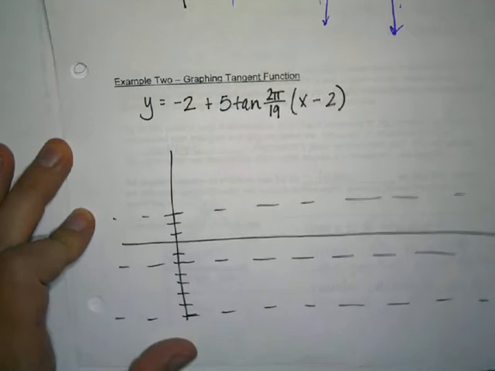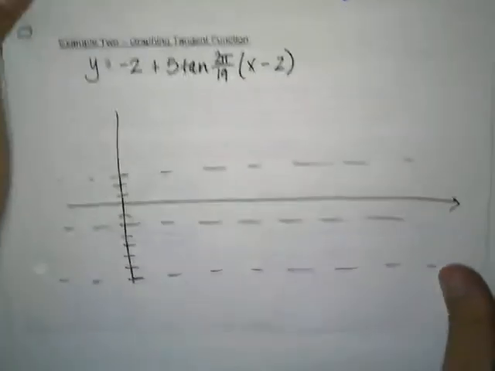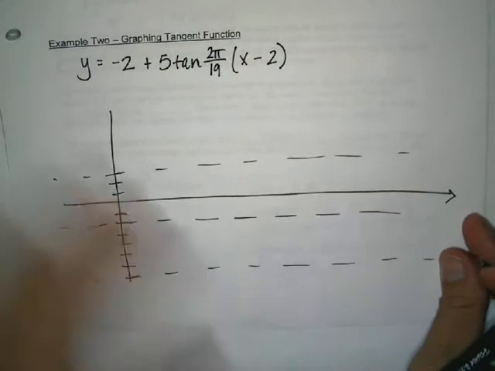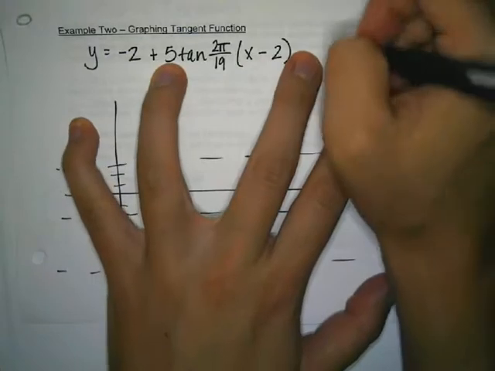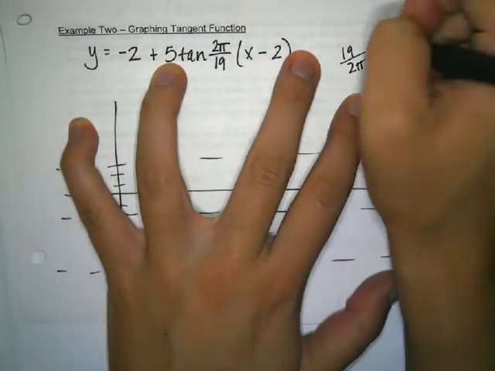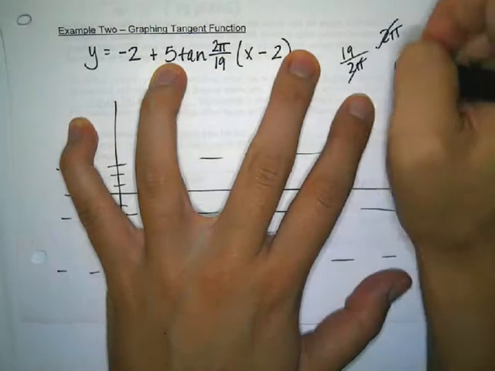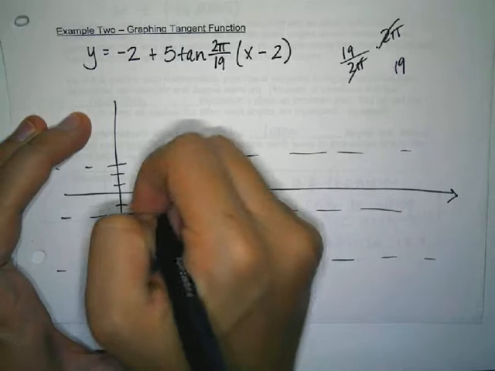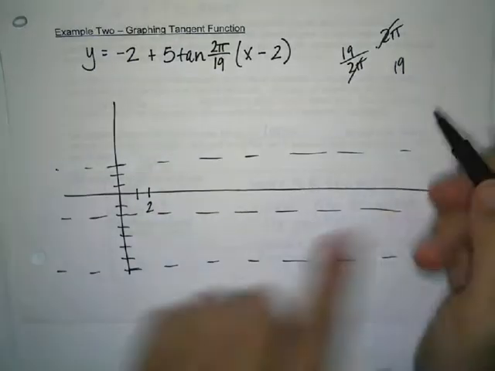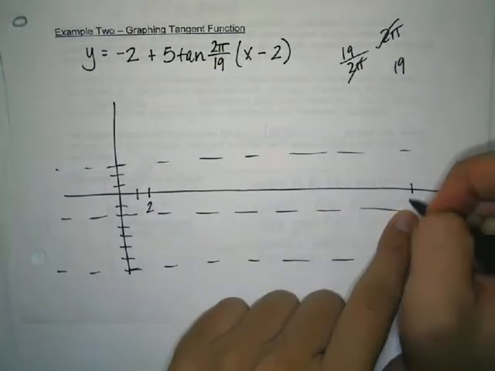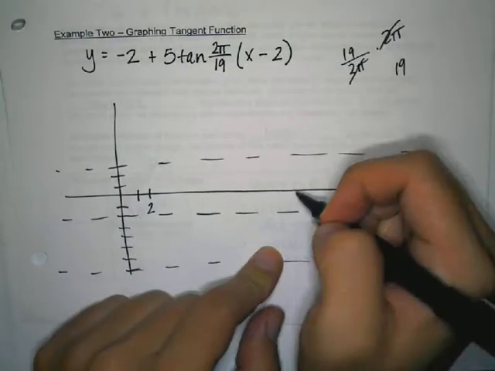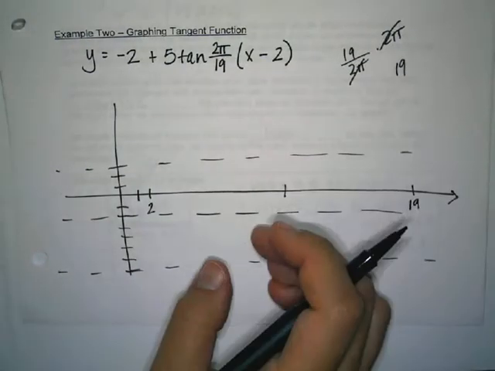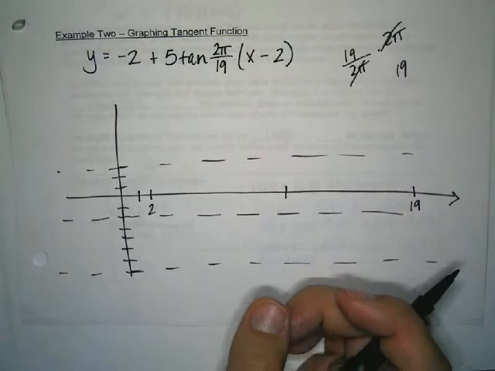There's my lower bound. My period, I'm going to flip the b value and multiply by 2 pi, so my period is 19, and I start at the value of 2. So 2 to 19, halfway in between is going to be 10.5.